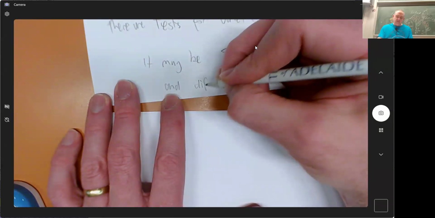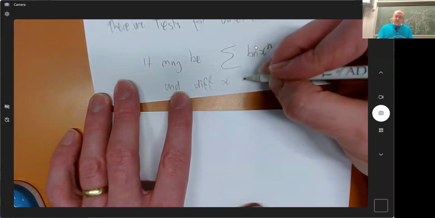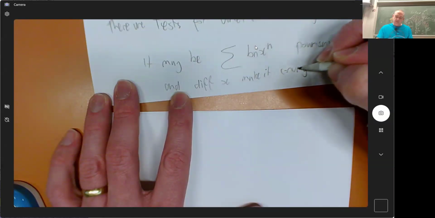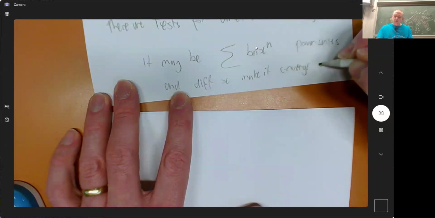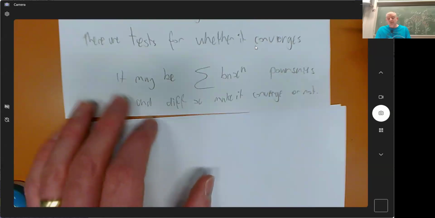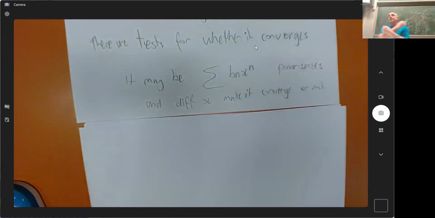And different x's make it converge or not. Yeah. And then the goal is not just to say, does it converge, but to say which x's make it converge and which x's don't. Yeah. And so the collection of x's that makes that converge are called the interval of convergence.